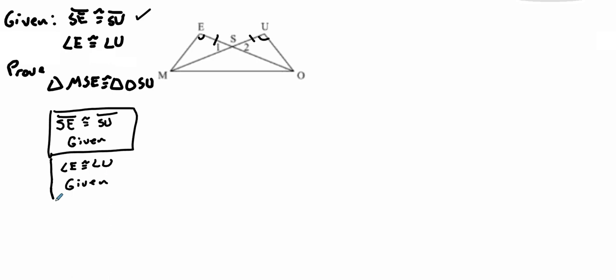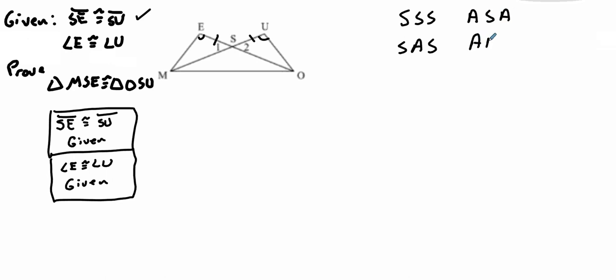Now, as I'm looking at this, and I'm trying to make an organized argument to prove that those two triangles are congruent, I'm trying to get to one of these statements. I'm going to try to organize my argument so I can take what I've been given and get to one of these congruence conjectures, all of which guarantee congruence between two triangles.